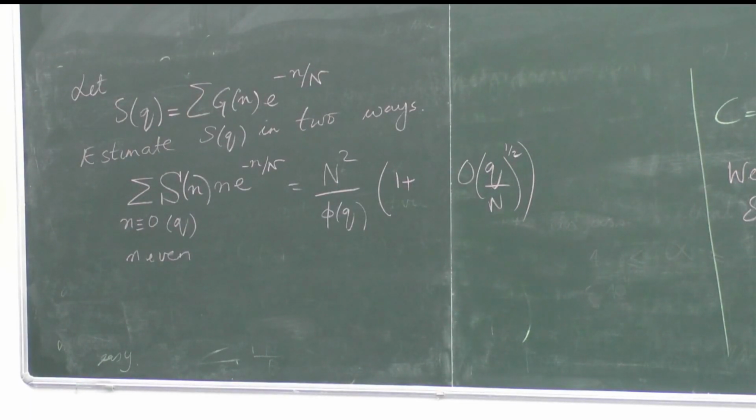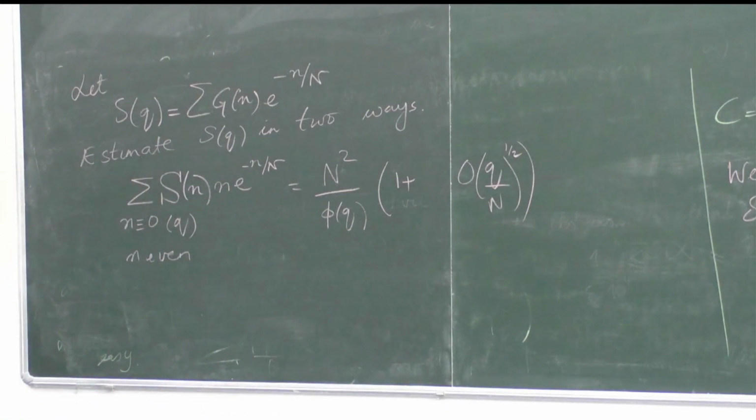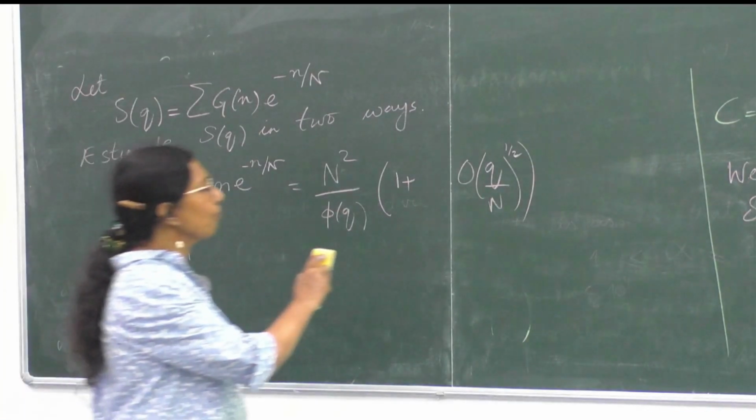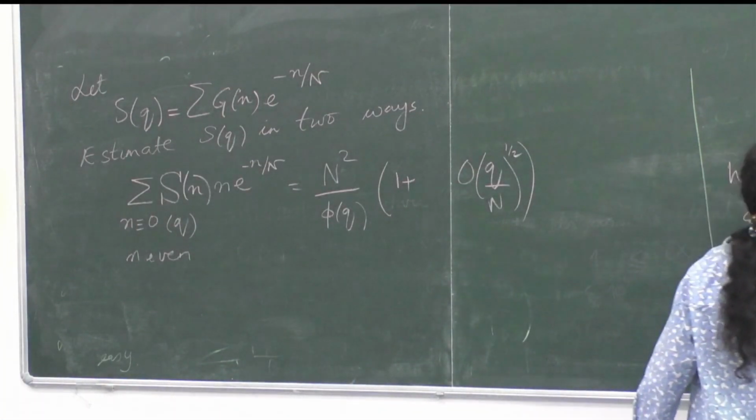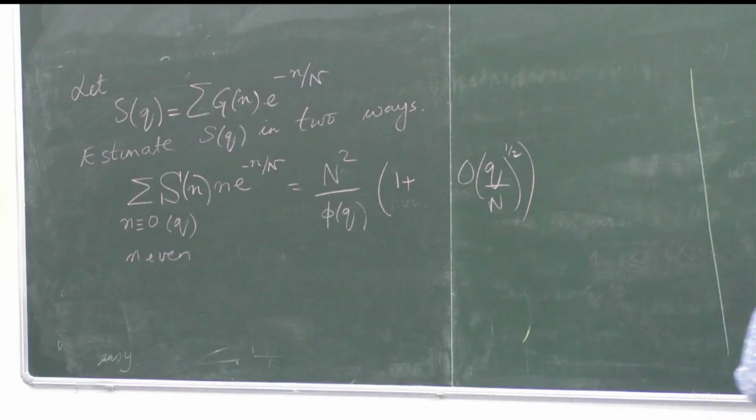And then they show that S of q, as I said, they do it in two ways, and then they bring this S of q between, they assume the weak Hardy-Littlewood conjecture.